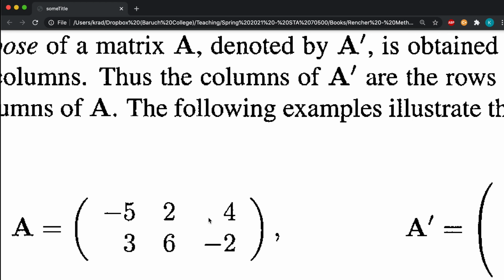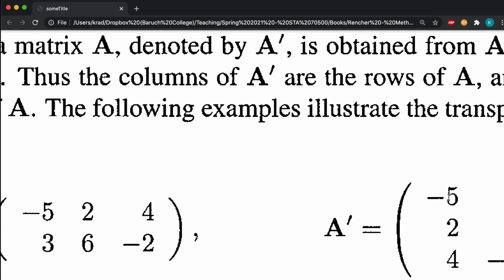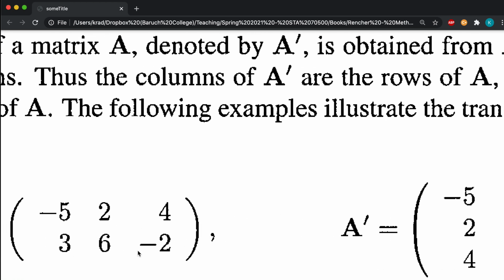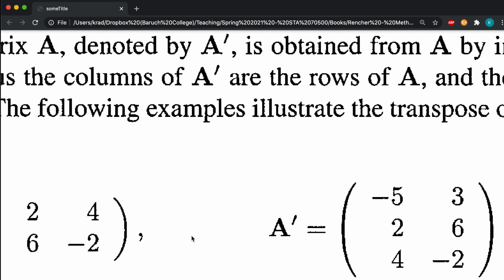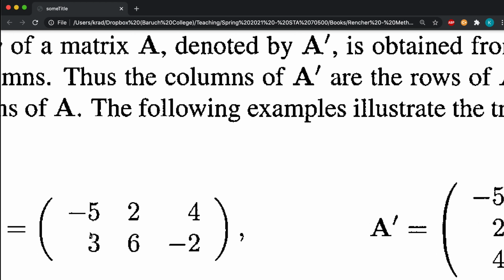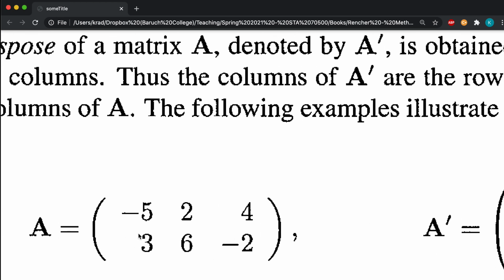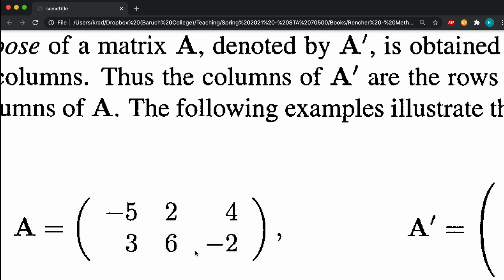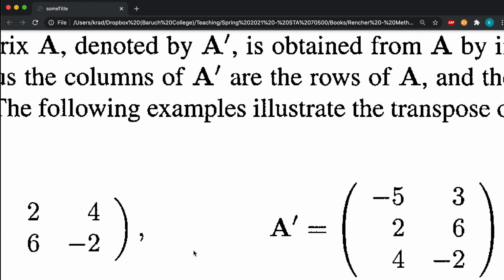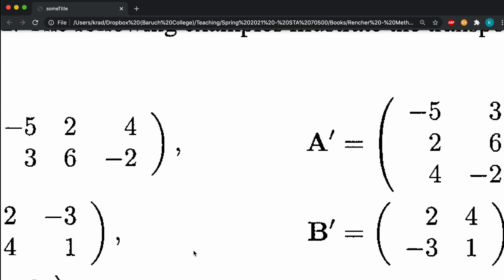So -5 will remain -5, but then this 3 replaces the place of 2, and 4 comes in the bottom. So if A is 2 by 3, A transpose is 3 by 2. Here's another example.